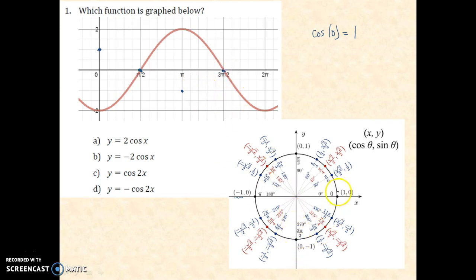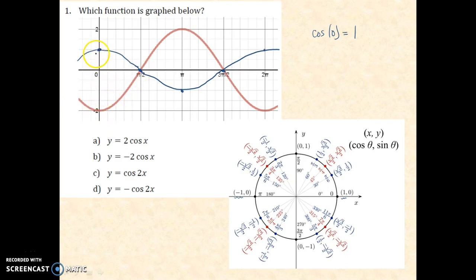And then at 2 pi, cosine is 1 again. Back up here at 1. So cosine looks something like this. Cosine is our blue, and the mystery curve is in red here.